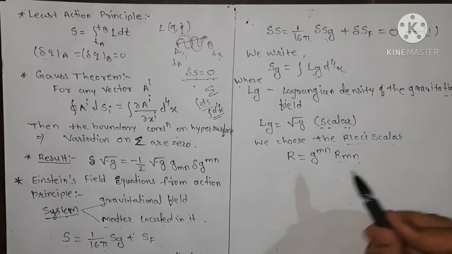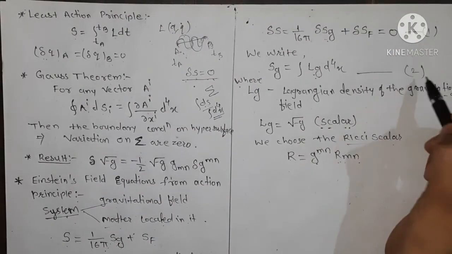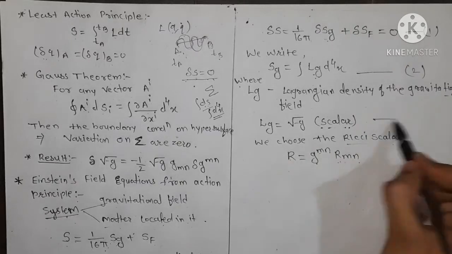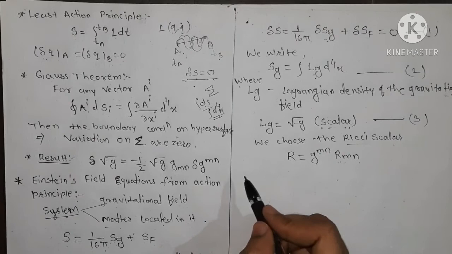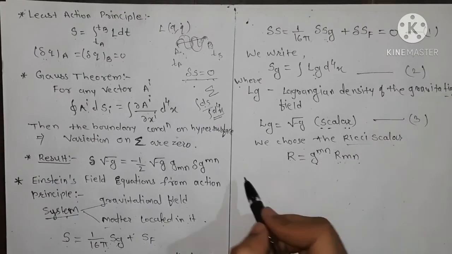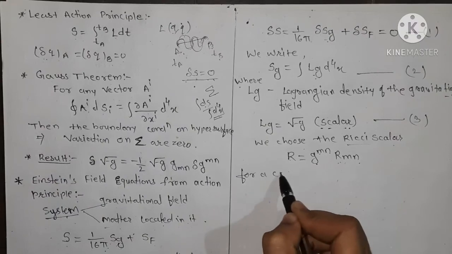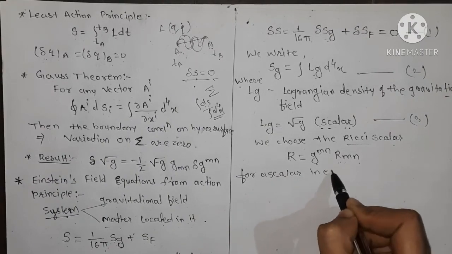Okay, we take this as equation number 1, we give this as equation number 2, and here we give this as equation number 3. So we choose the Ricci scalar for the scalar in equation 3.